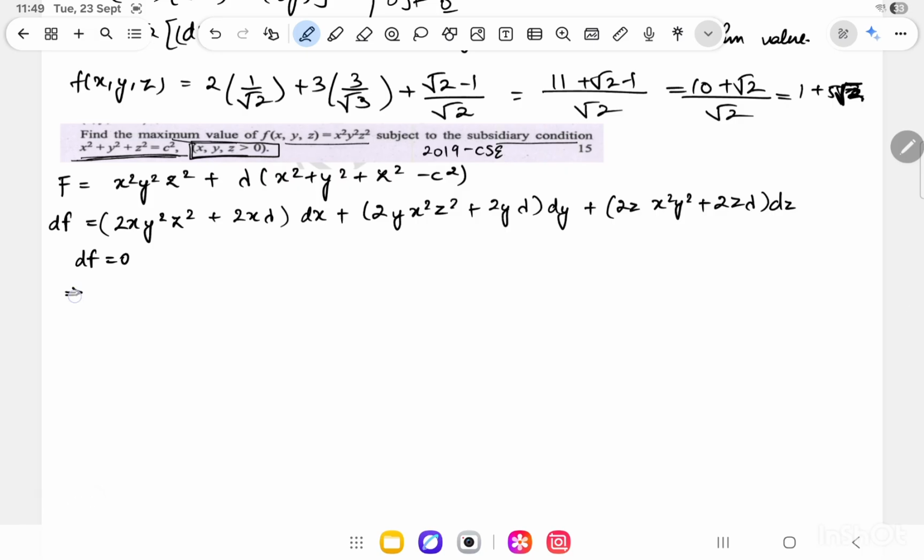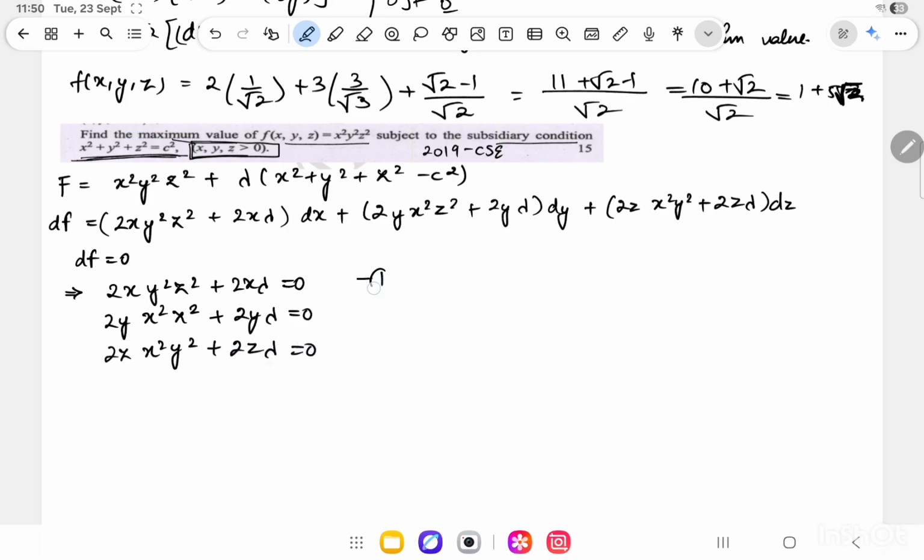So I'll be left with 2x into y square z square plus 2x lambda equals 0. Likewise 2y x square z square plus 2y lambda equals 0, and 2z x square y square plus 2z lambda equals 0. Let's name these equations 1, 2 and 3.